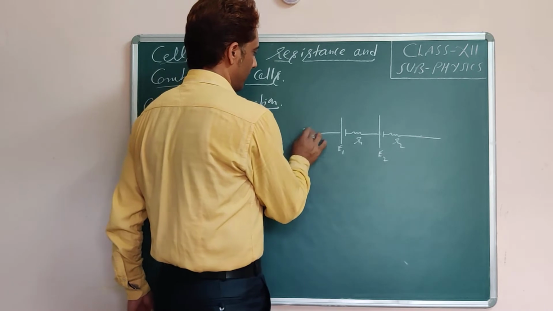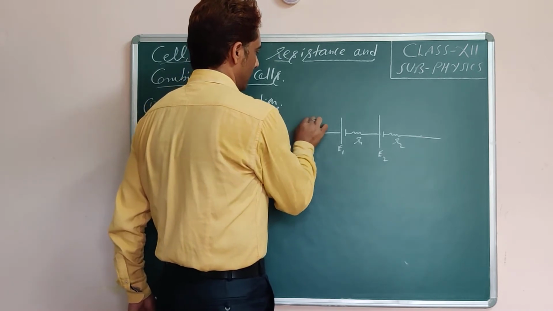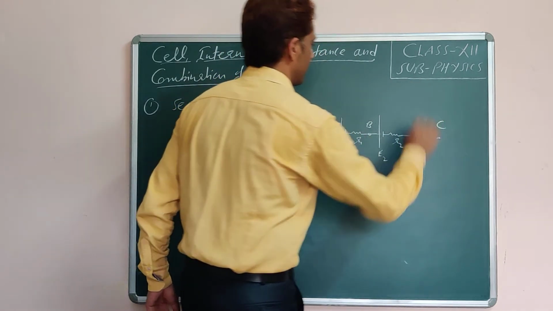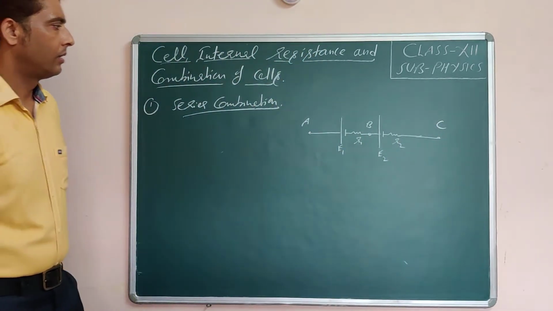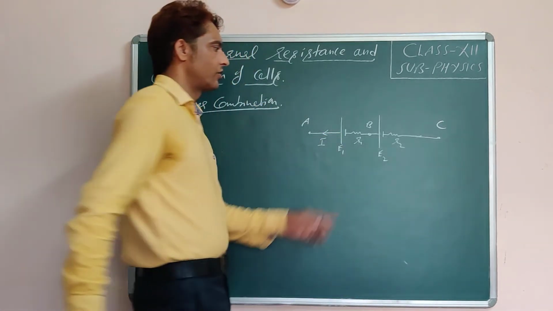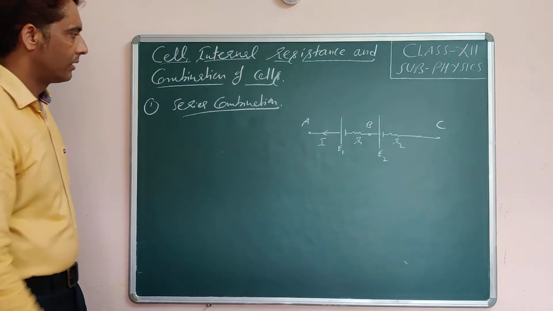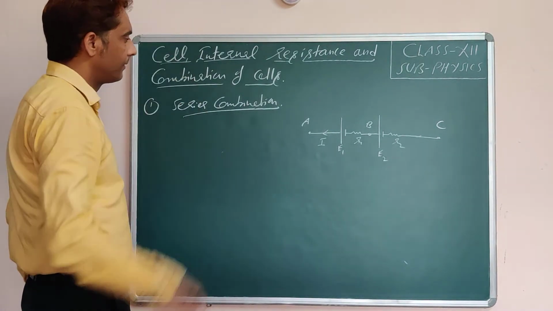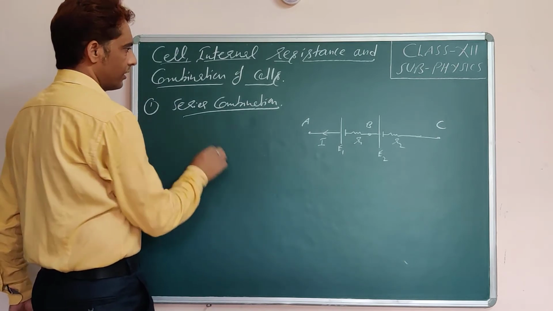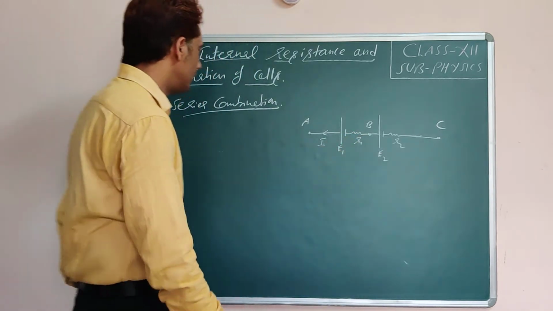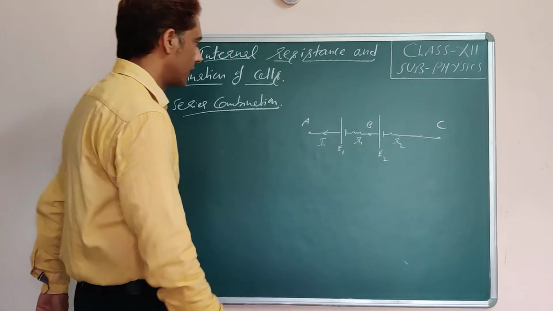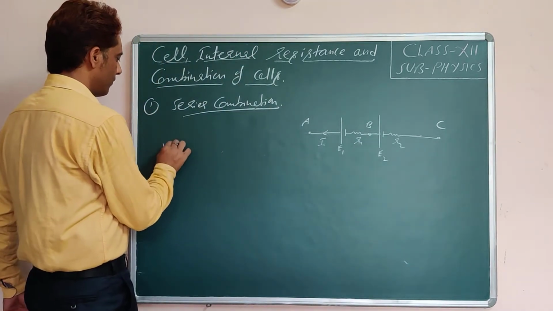So let this point be A, this is B, and let this point be C. Let I be the current due to the combination of these cells, then we can write the potential difference between A and B.